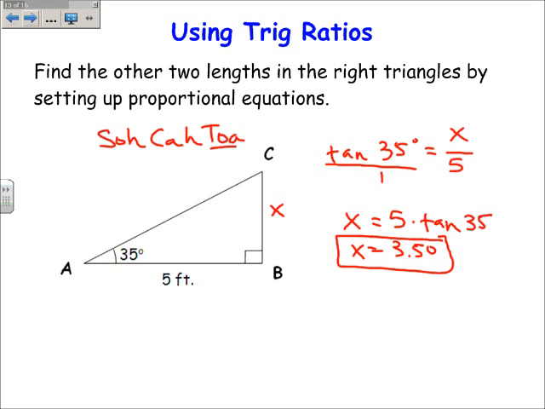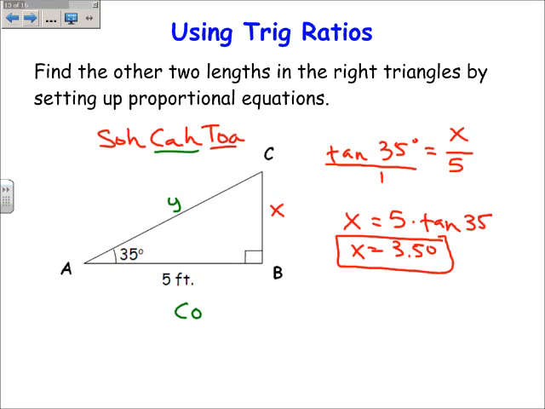Okay? Another type of problem is if I wanted to find the hypotenuse, which I'll call y. Now I could use either the sine or the cosine since I now know the opposite length, but I prefer to stick with the adjacent since I know that one to be exactly 5, and where x I kind of rounded off a little bit. So the trig ratio that relates the adjacent and the hypotenuse would be the cosine.